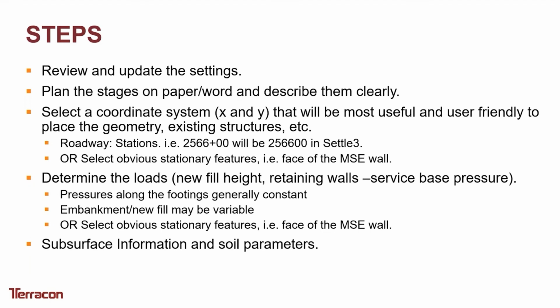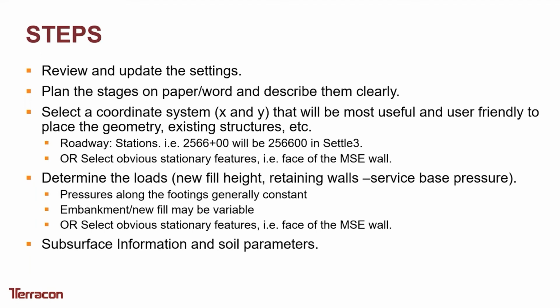For example, for roadways, we always have stations, so having those stations in Settle3 is very helpful because we can easily pinpoint our locations. Or, if you don't have stations available, you can select an obvious stationary feature, for example the face of the MSE wall, which is not going to move at all. You can mark that as 0.